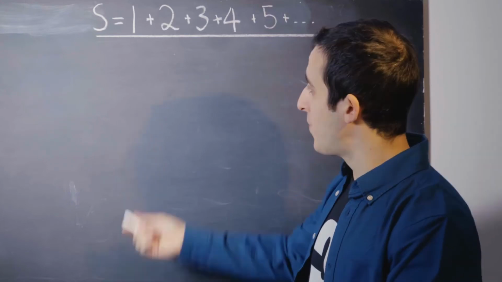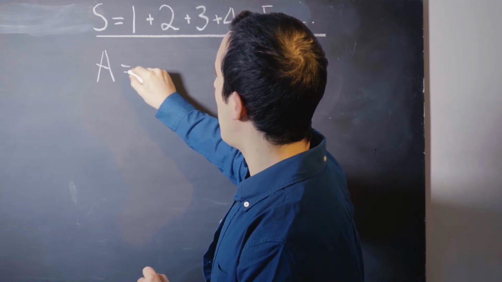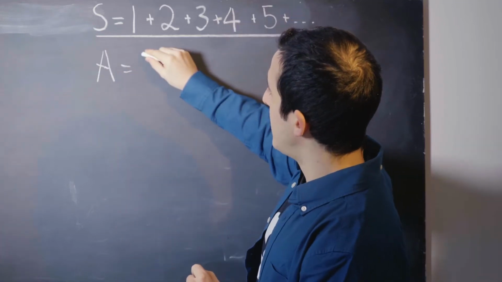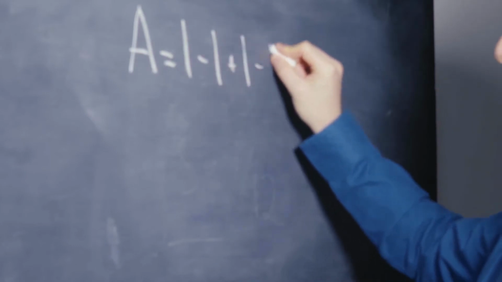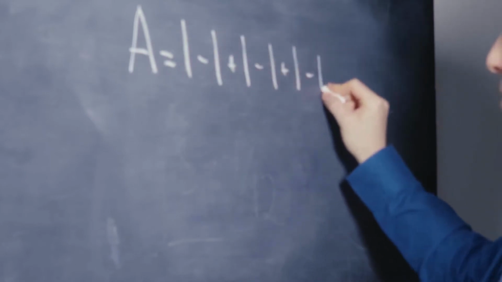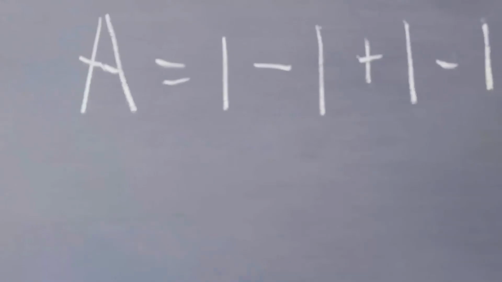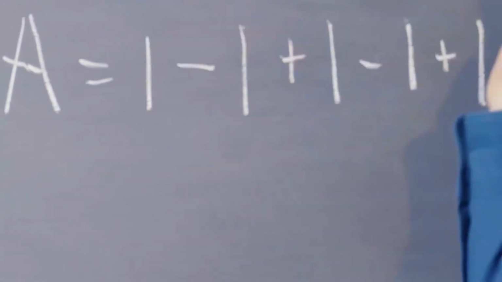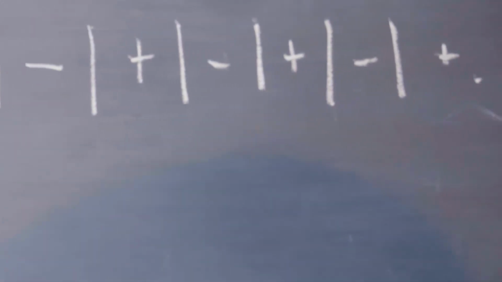do a different sum. And I'll call this other sum A. What A is equal to is 1 minus 1 plus 1 minus 1 plus 1 minus 1 and so on to infinity. I said it was obvious that this top sum equals infinity, but it's very unobvious what this sum should actually equal, right?